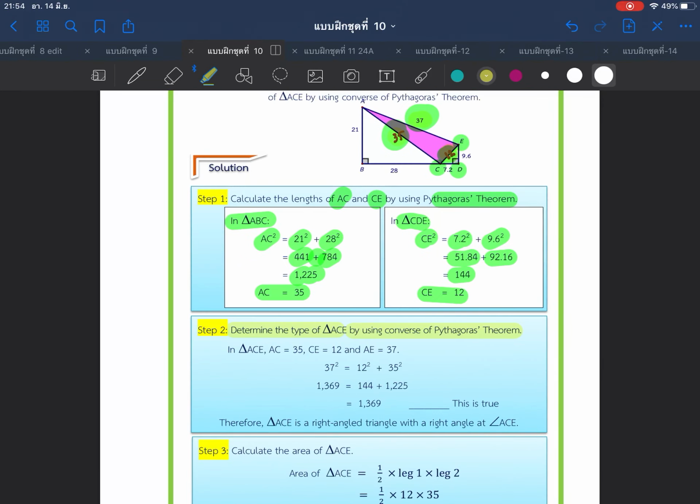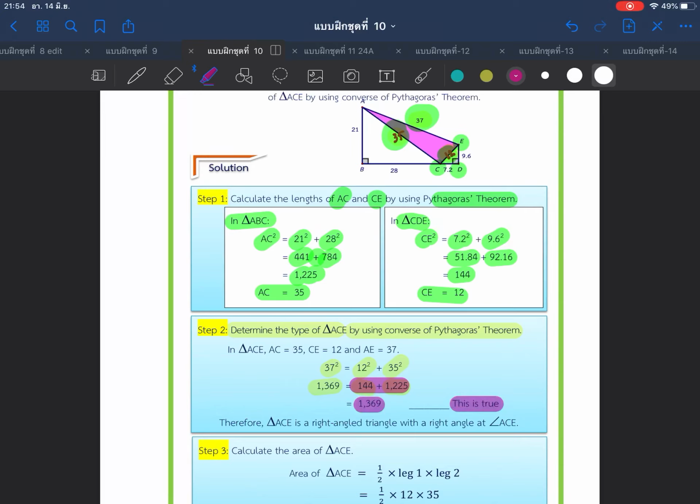From the diagram, the pink one, we take the longest side: 37 square equals 12 square add 35 square. 37 square is 1369. 12 square is 144. 35 square is 1225. When you add them up, it is equal to 1369, which is true.